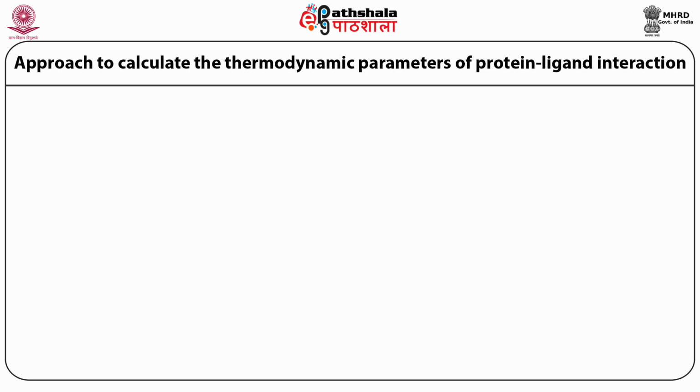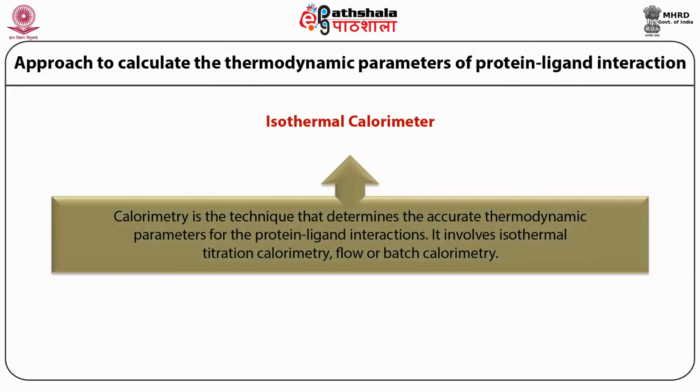So one of the best methods is to measure experimentally, and the instrument which we use is isothermal calorimetry. Calorimetry is the technique that determines accurate thermodynamic parameters for protein ligand interactions.